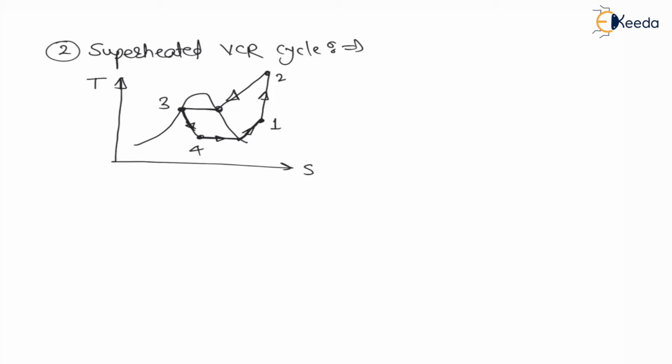Now my dear students, again let us consider on dry saturated vapor state there is 1 dash, and for 2 there is 2 dash, right? These points let us consider here. Now there are 2 cases.